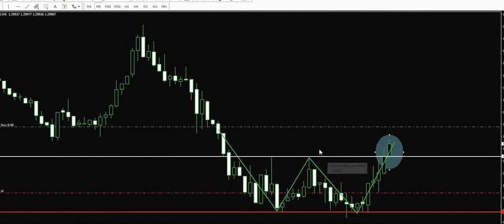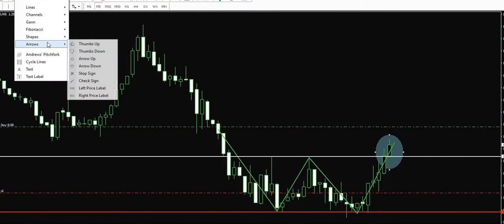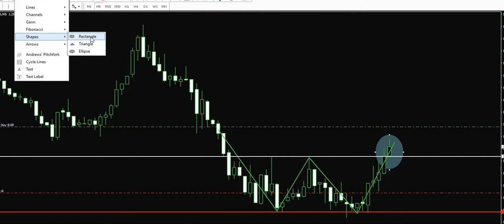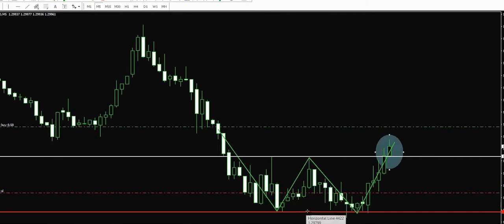According to the double bottom chart pattern rules, we need to hold a double bottom trade for a minimum price move equal to the distance starting from the support of the two bottoms and the trigger line, the neckline of the pattern. This is the distance over here.